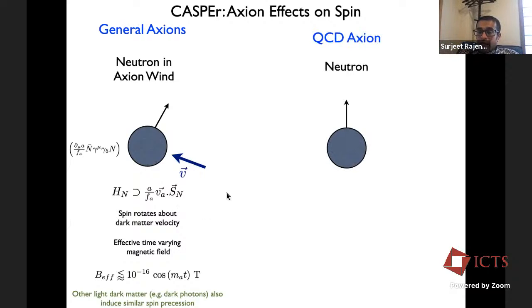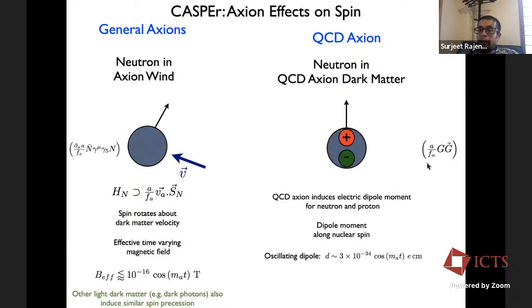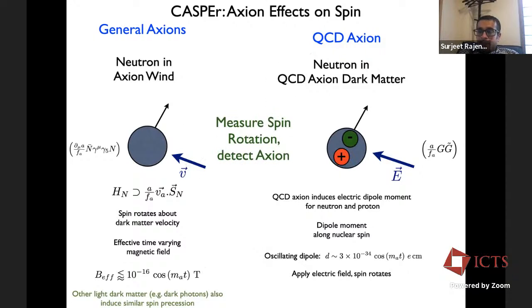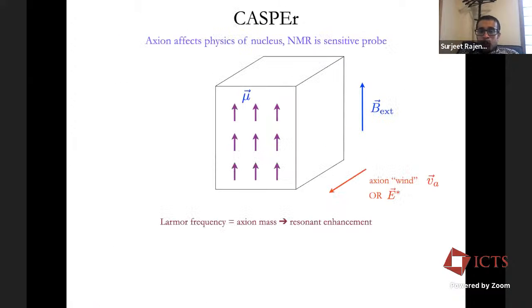If you had the QCD axion, and say you are coupling through the G G-dual coupling, the QCD axion will induce a tiny electric dipole moment for the nucleon. And if you now apply an electric field, that will also cause these spins to precess. And therefore, you can again measure that spin precession by the change it causes in the magnetization. So the whole point of CASPEr is that if you're measuring these spin rotations, you can detect particles that cause spin precession.